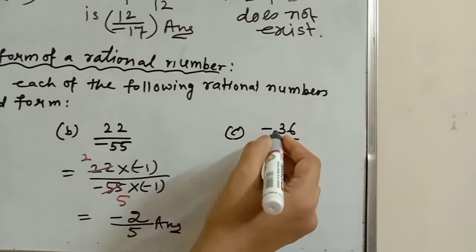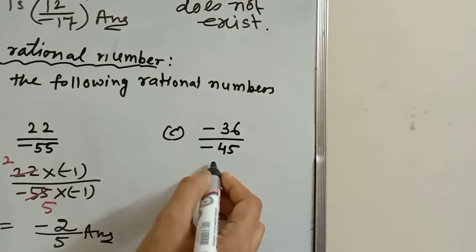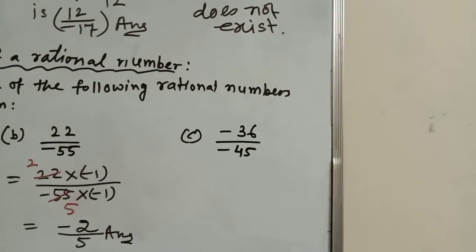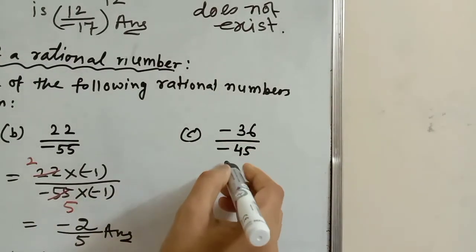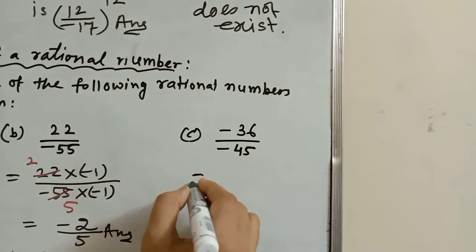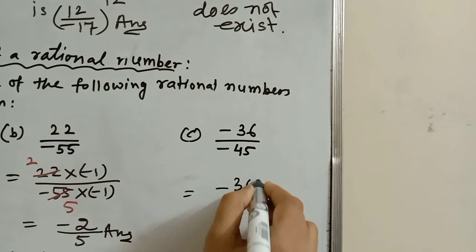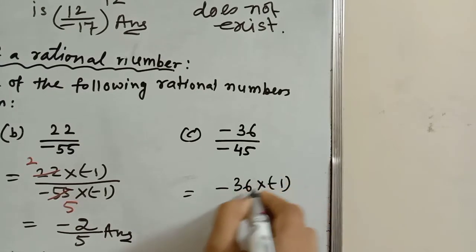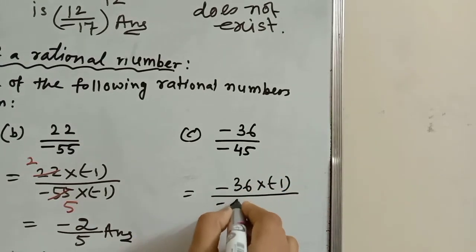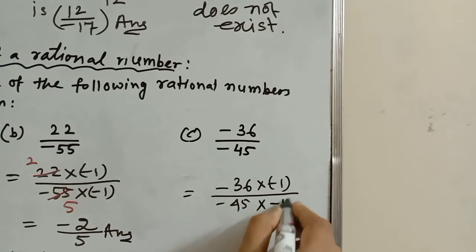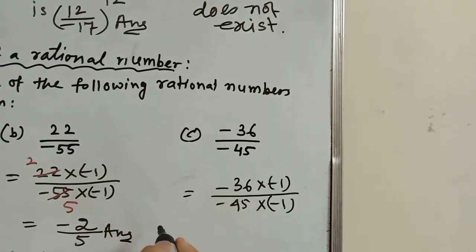The next sum is minus 36 by minus 45. Both the numbers are negative. To remove this negative sign, you can multiply by minus 1: minus 36 into minus 1 and minus 45 into minus 1. So both the numbers become positive now, and you can see that these numbers are not in their simplest form.